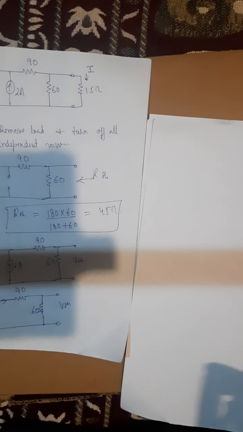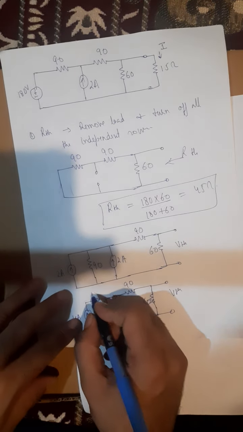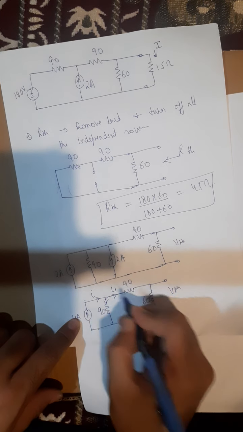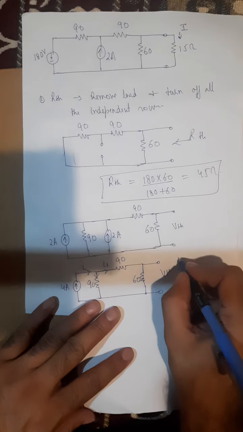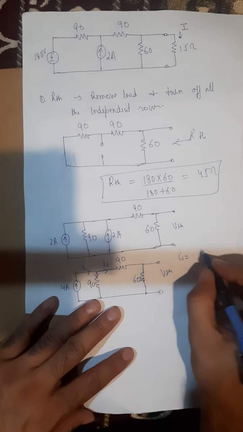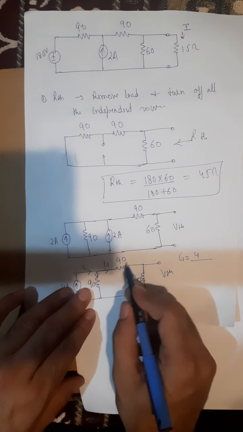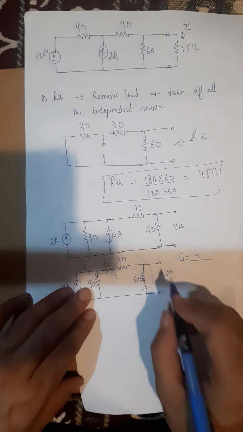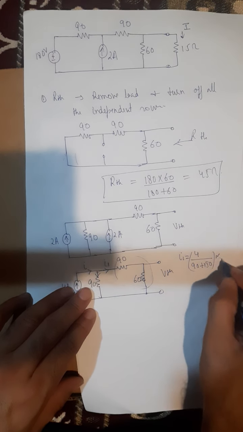Suppose the total current here is I, which is equal to 4 ampere, and the current flowing here is I1. So what will I1 be equal to? I1 will be the total current, 4 ampere, divided by the sum of the resistances, 90 plus 150, multiplied by the opposite.